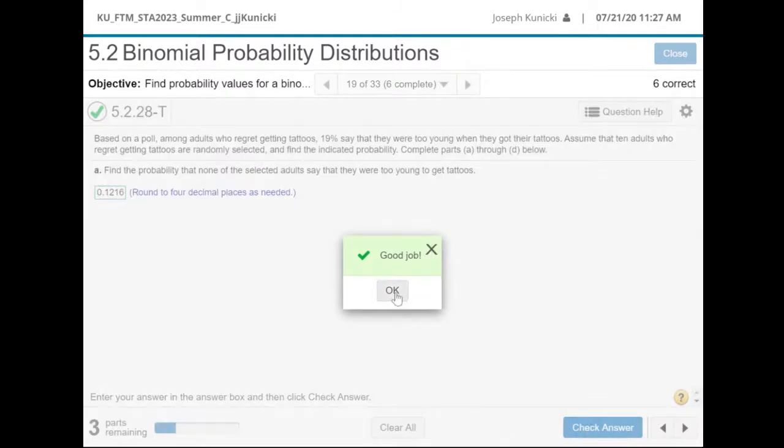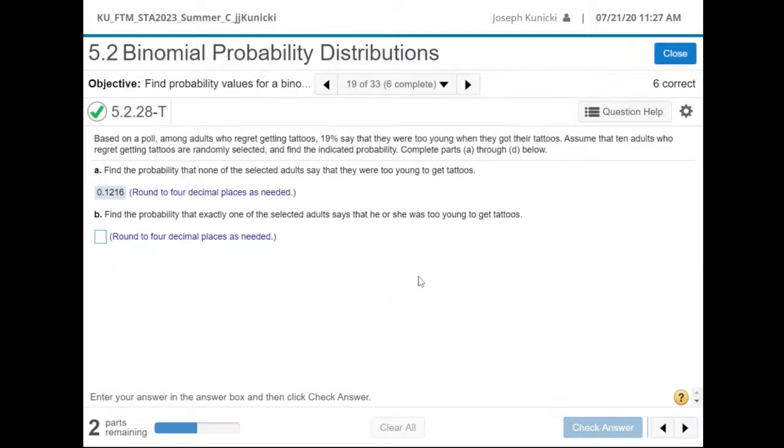Okay, so now next part B, find the probability of exactly 1. So now I want to go back to StatCrunch and just change x equals 1, because n is the same and p is the same. The probability doesn't change. The number of trials doesn't change. All it changes is we want to know the probability of exactly 1 success.